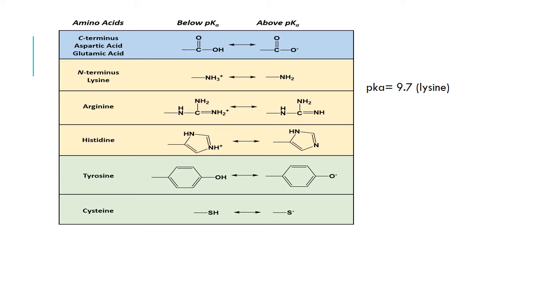Once we add them, they cancel each other. But I'm not trying to say that they exist in two areas, below the pKa and above the pKa at the same time. We are just trying to demonstrate.